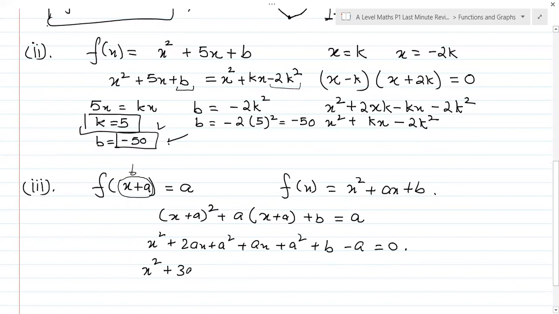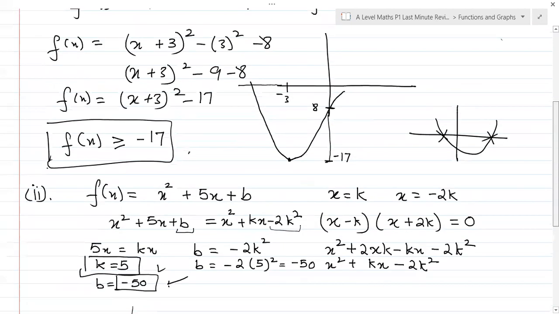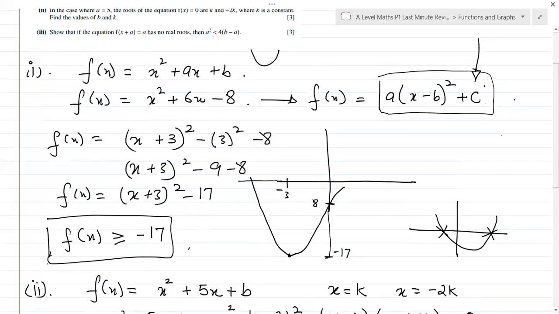So I'm done with this, and this, and this. And a squared and a squared gives me 2a squared, and that is plus b minus a. That's all I get.